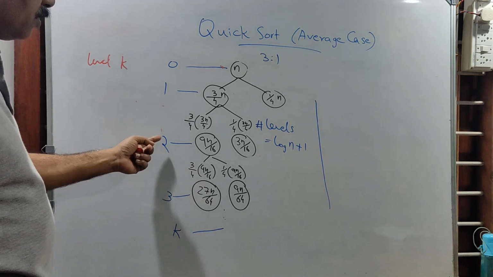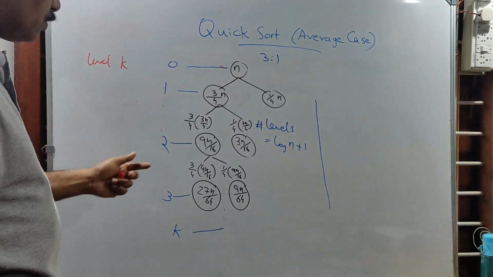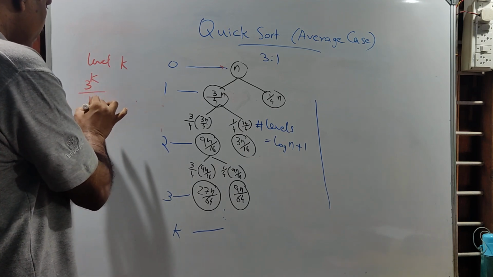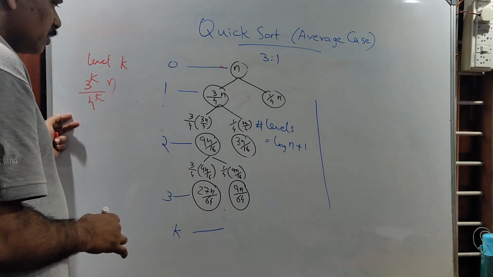When the level is equal to 2, it will be 3 raised to 2, 4 raised to 2. So at level K, it will be 3 raised to K divided by 4 raised to K into N.